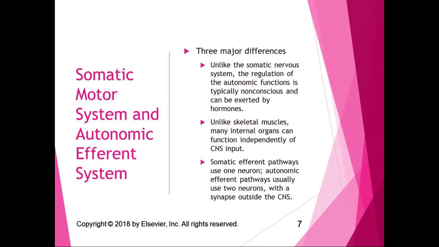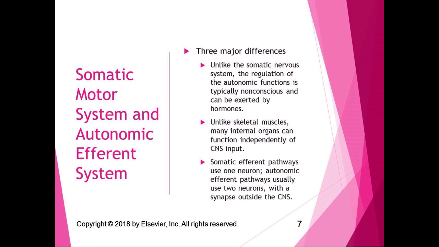The somatic motor system are the effectors, the efferent pathways, and the autonomic efferent system is an effector. So the somatic motor system results in muscle movements. The autonomic efferent system often results in glandular response. So unlike the somatic nervous system, the regulation of autonomic functions is non-conscious.